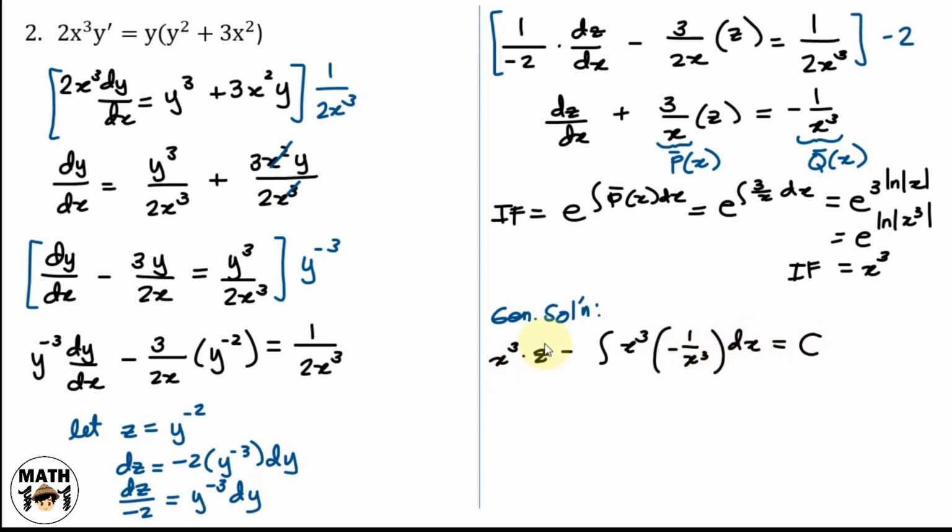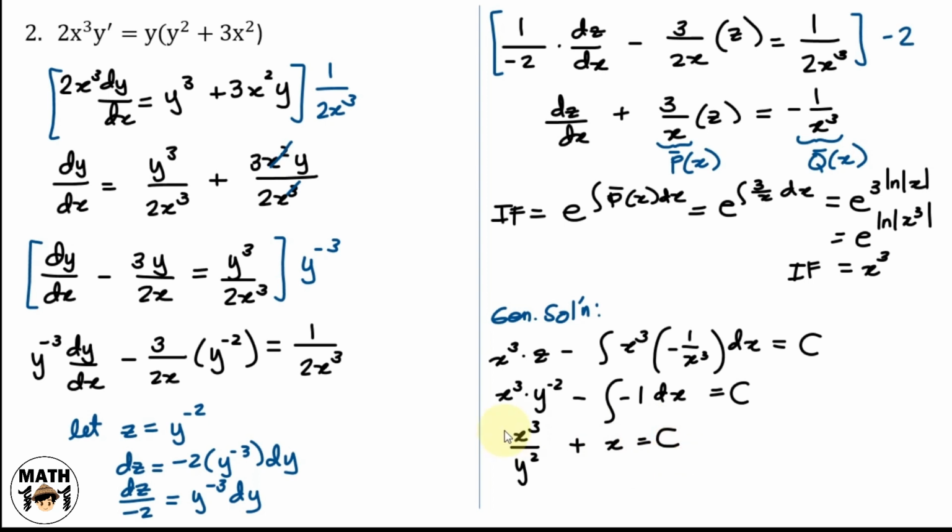Palitan na natin si z ng y raised to negative 2. Then, simplifying this, we'll get negative 1 dx equals c. This can be written as x cubed over y squared. Then, negative times negative 1 is positive. Integral of dx is x equals c.